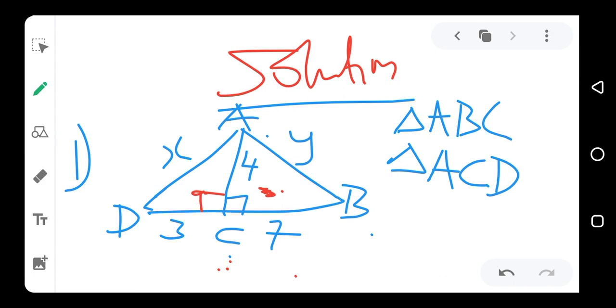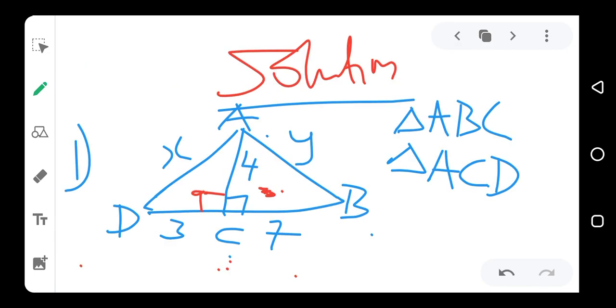Okay, so we can use this one. Now let's check the other one. For ACD, we know AC as 4 and DC as 3. So we have 2 sides already known in both triangles. We can start with any one. Let's start with triangle ABC.